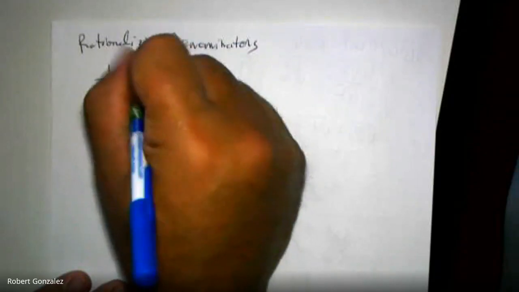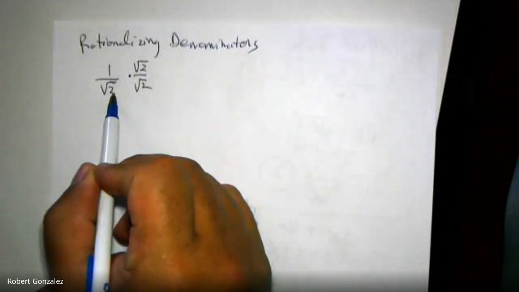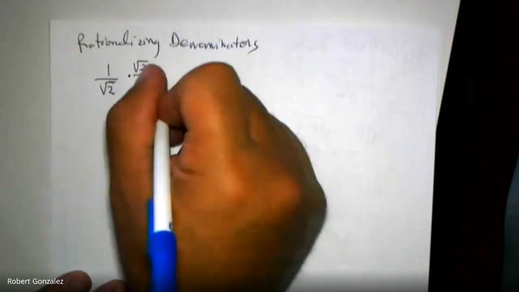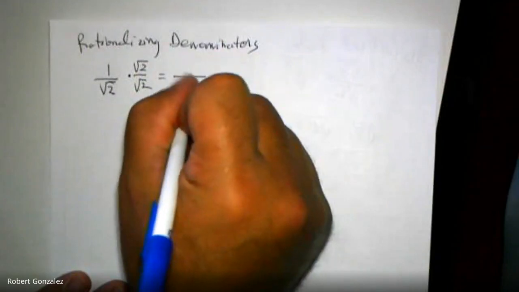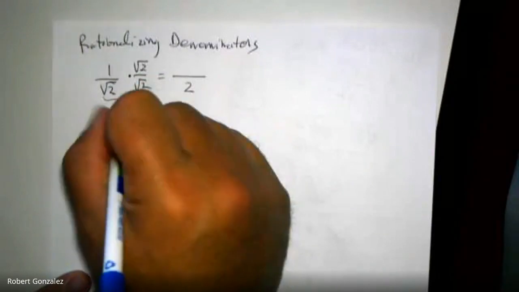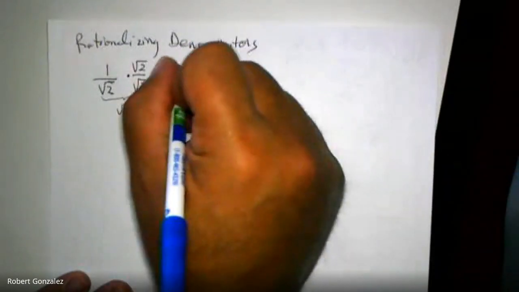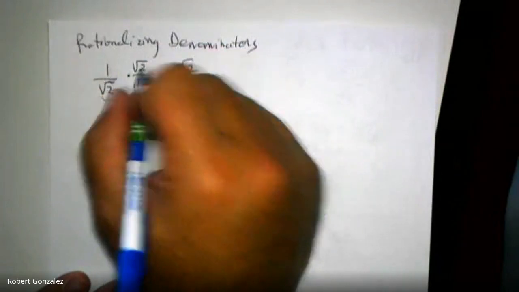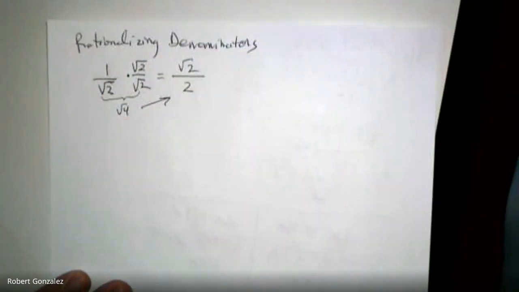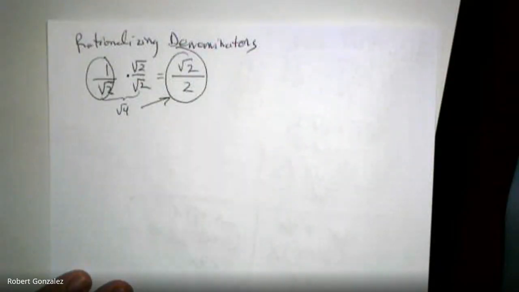Well, we multiply top and bottom by something that will make the radical disappear, normally by itself. Radical 2 times radical 2 on the bottom is 2, because it's radical 4. Radical 4 equals 2. And the top is radical 2 over 2. Sorry, 1 times radical 2 is that. It's very strange that this number and this number are equal to each other. You can verify that on the calculator.